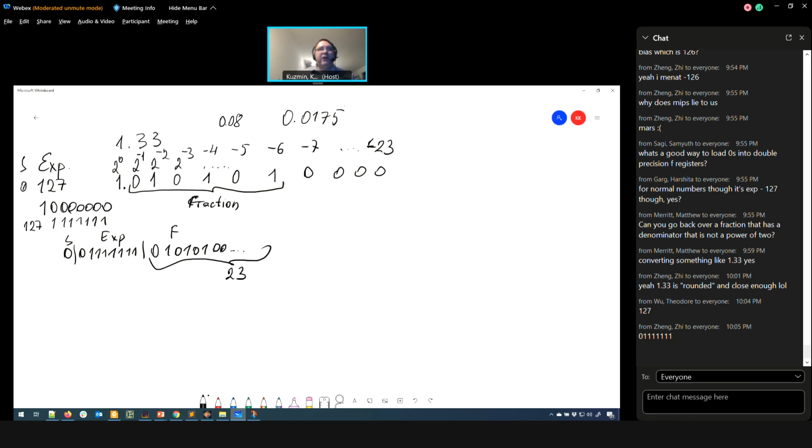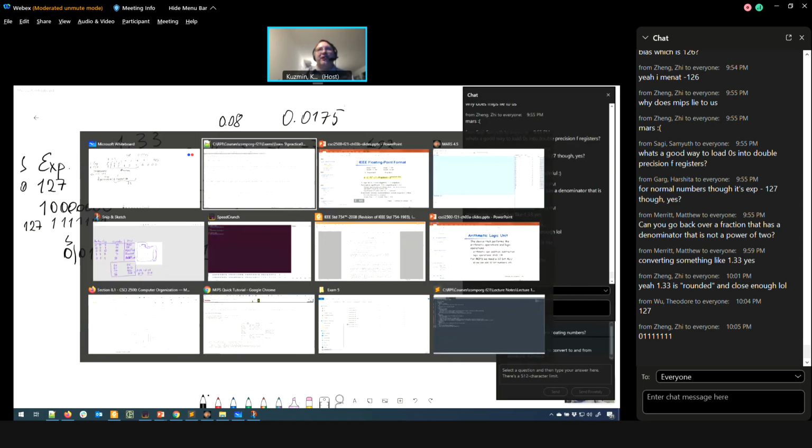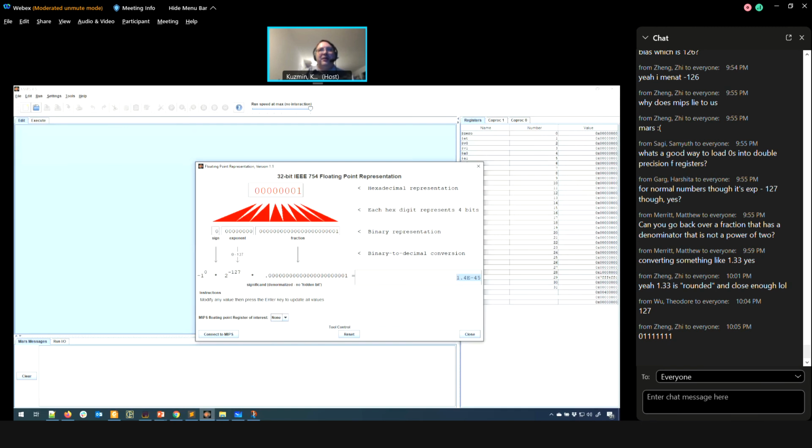Okay, and then to turn it into hex, we would regroup this so that we split by 4 digits, 1, 2, 3, 4, right? Ignoring the boundaries between the fields, just cut it like that, and encode each nibble, each group of 4 digits, with 1 hexadecimal digit. Of course you're not going to be able to do this on the exam, but as you're practicing, you can check it here.